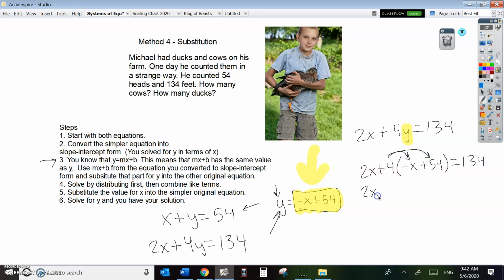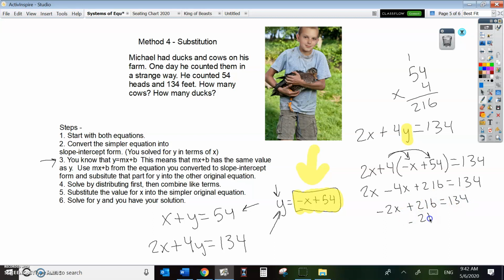So you have 2x, not plus, it's going to be minus 4x. And then 54 times 4, 216, equals 134. Combine your two like terms. So 2x minus 4x is actually negative 2x plus 216 equals 134.